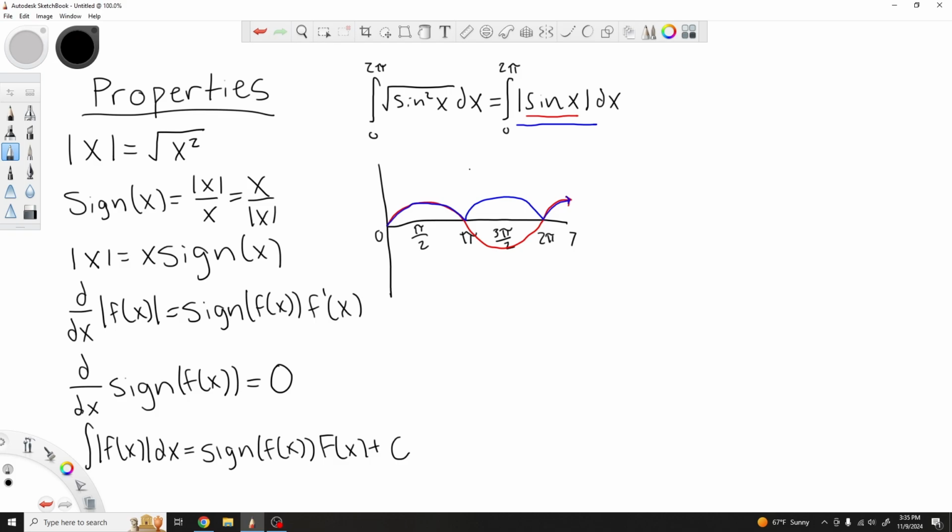Okay, so let's note a few things. This first area, where the absolute value of sine of x is equal to sine of x, means that the area underneath both of those curves is the same thing.